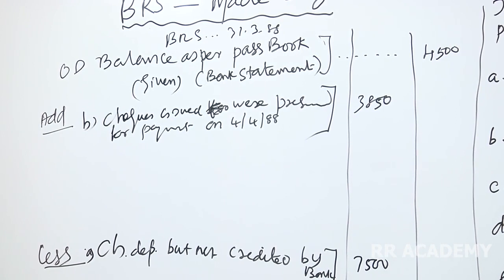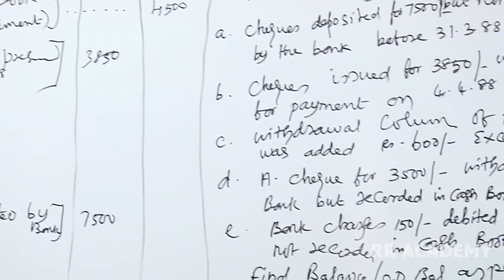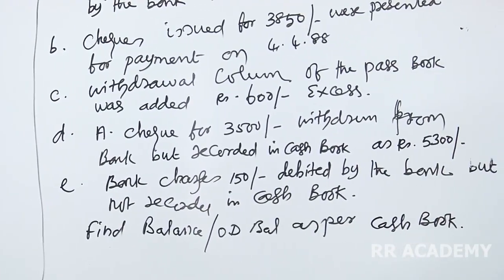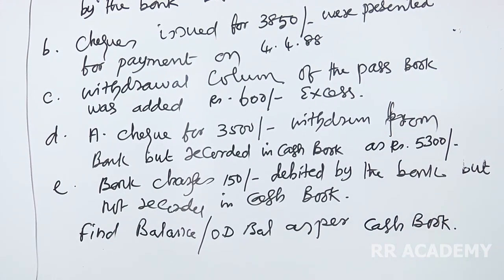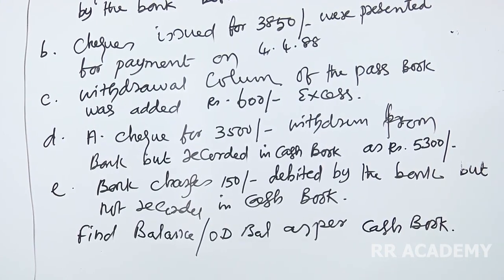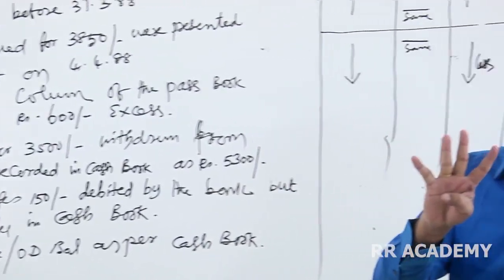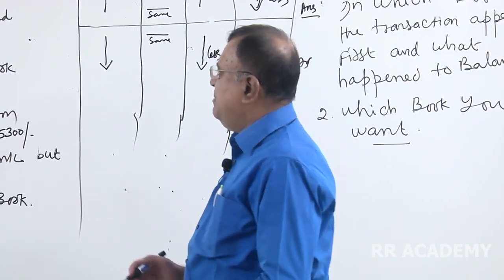These two are ordinary. Yesterday we have done. Now, withdrawal column of the passbook was added 600 less. So if slightly different ways are coming, except checks deposited, checks issued, debit item, credit item, except these four, for the remaining we just work out what is happening.